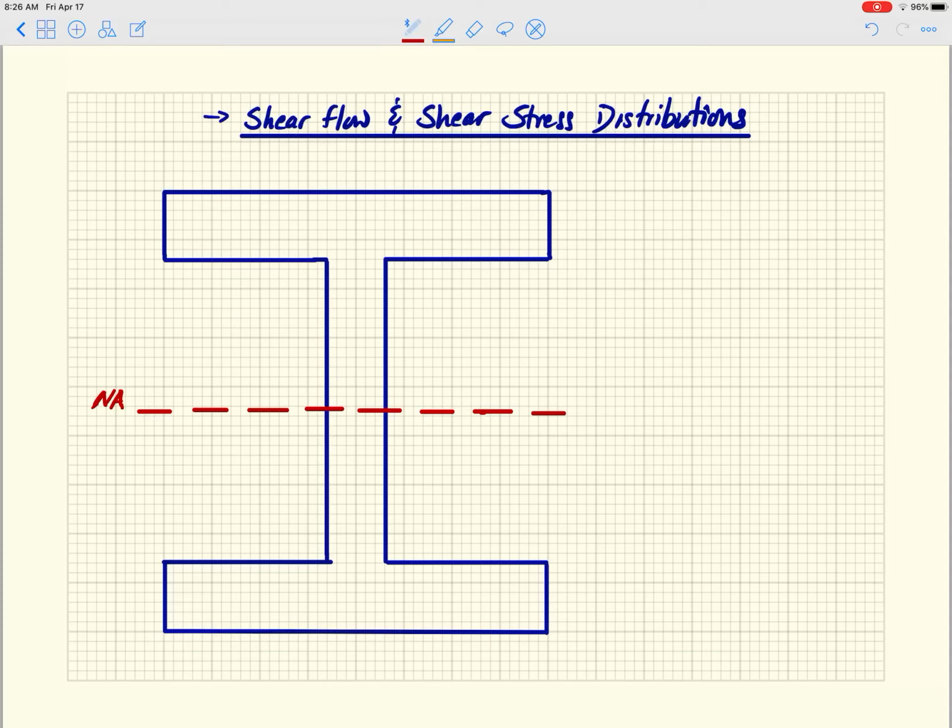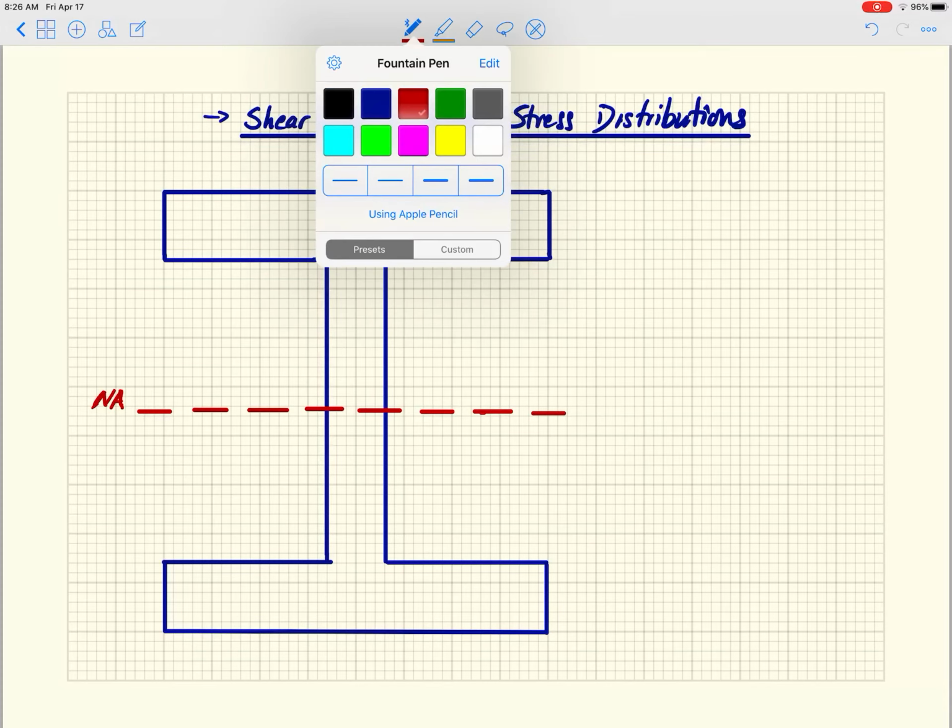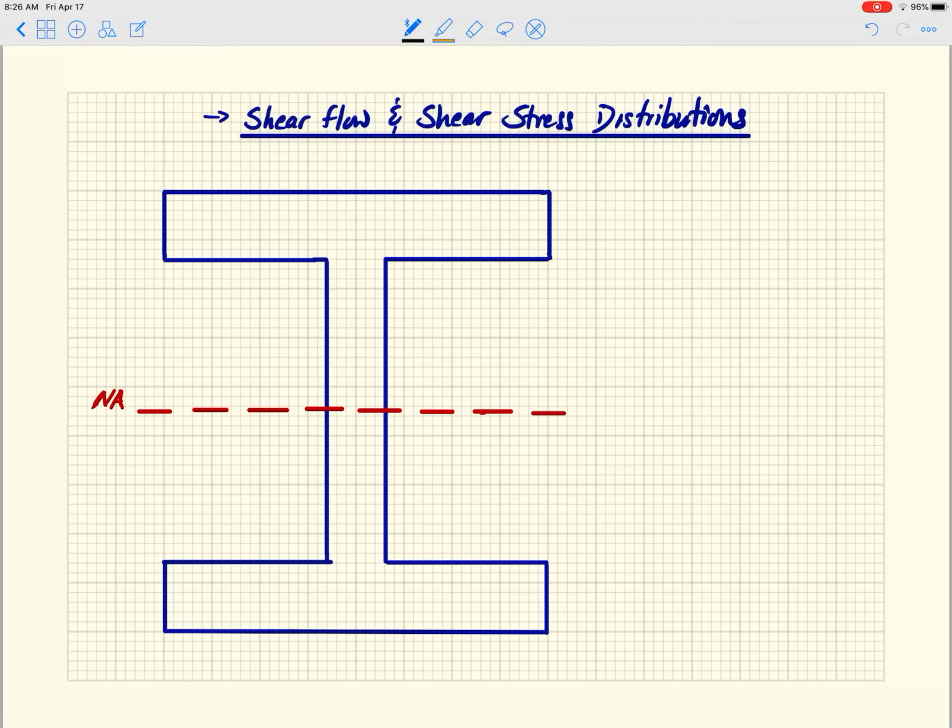So the first one I'm going to take, I'll do it in black here. I will take this cut at this location here, and it is going to have this as my y. I'm going to call that y1.